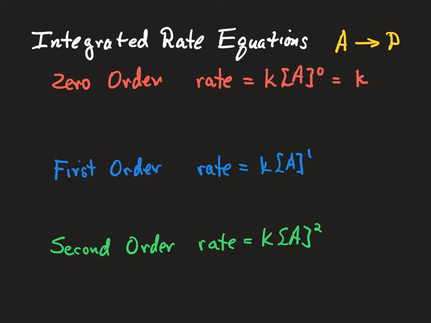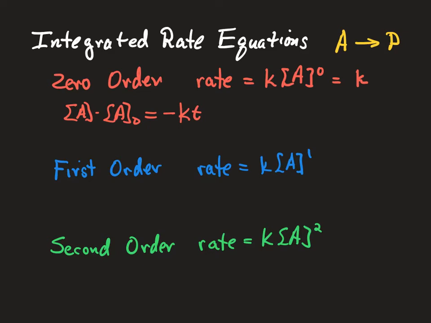looks like this, that the concentration of A minus the concentration of A at the initial time is equal to minus kt.